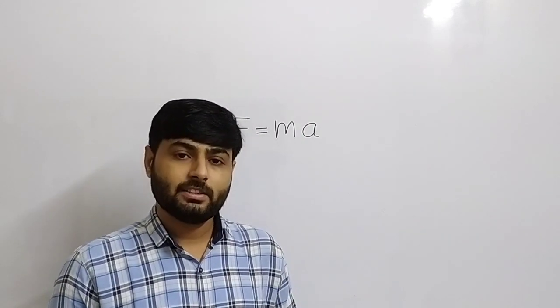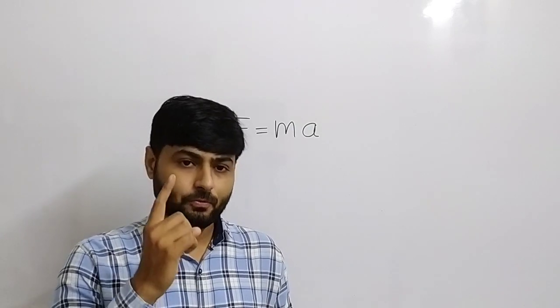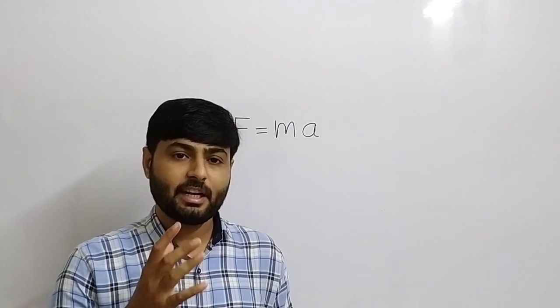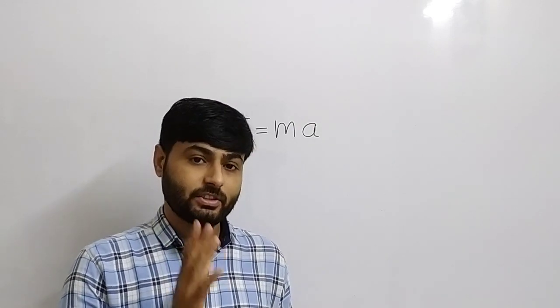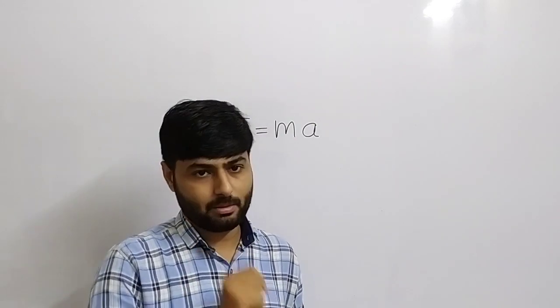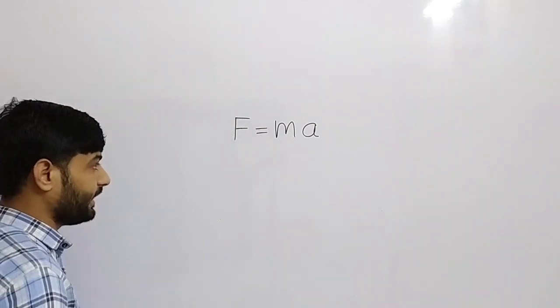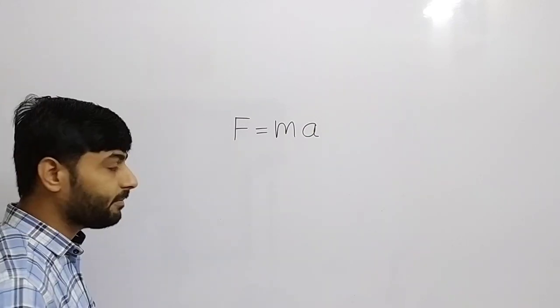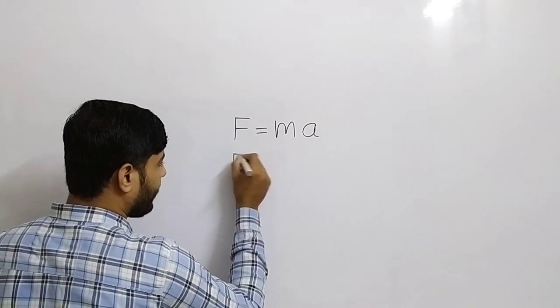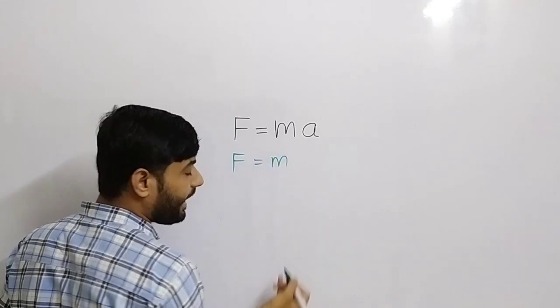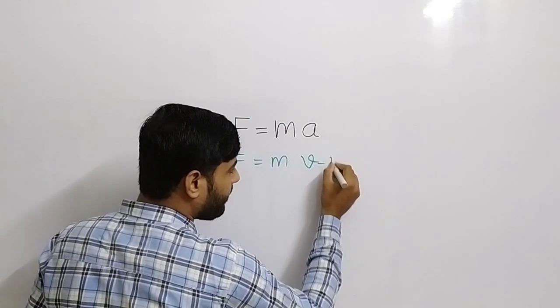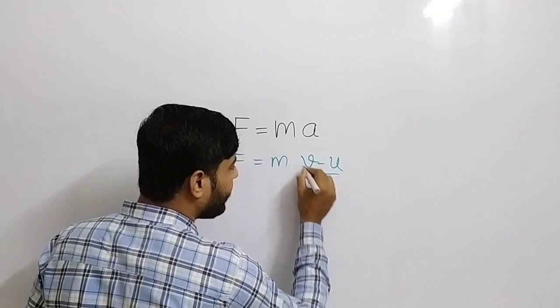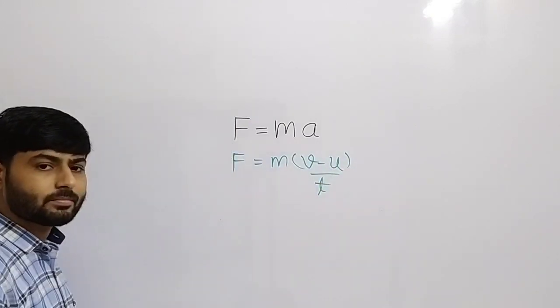Now let us see how first law of motion can be stated by second law of motion mathematically. So the second law of motion is F is equal to ma. So F is equal to m (v minus u) divided by t.